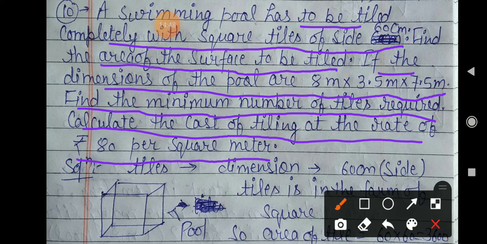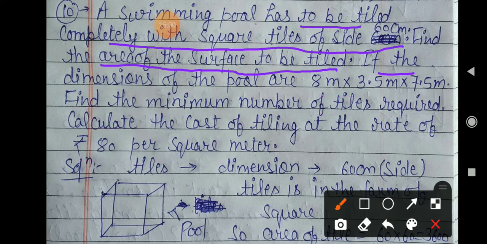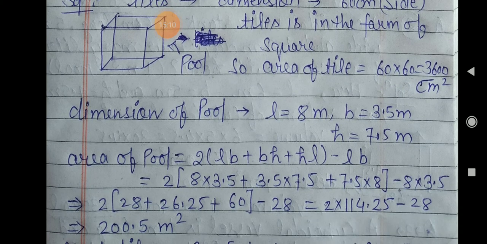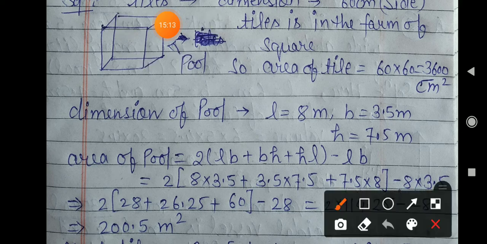Now in this question you have a tile, and that dimension is given 60 centimeter. So in this tile you have a 60 centimeter side, so this is in a square form, so you have to find the area of that square with the help of area of square formula. So what is the formula of area of square?